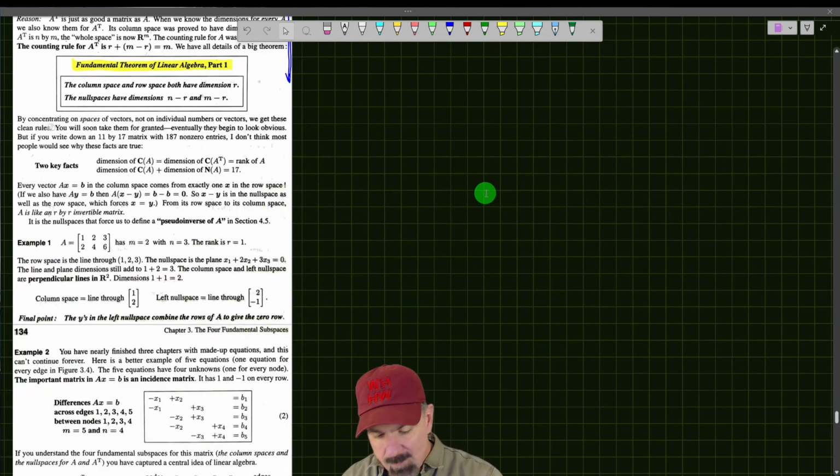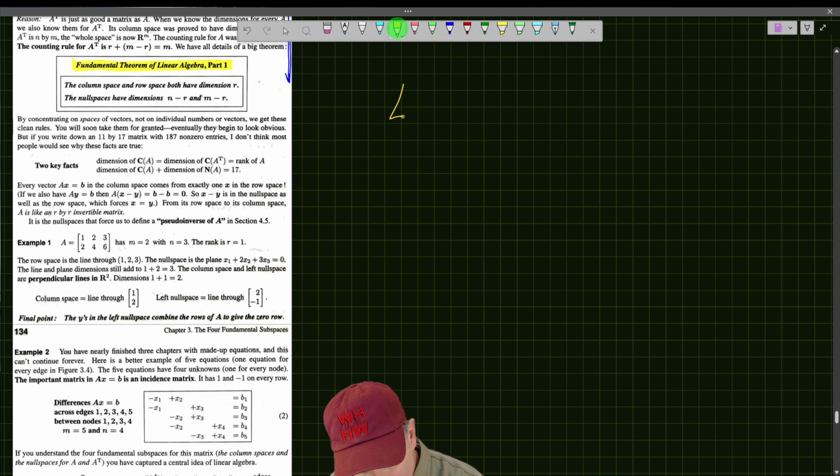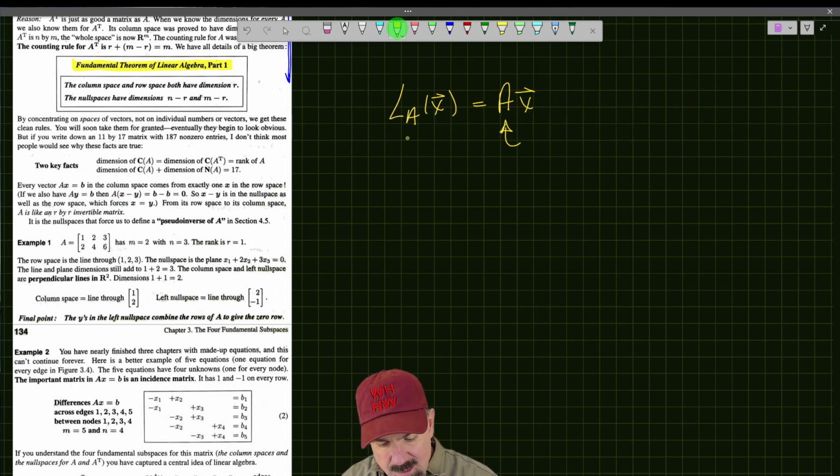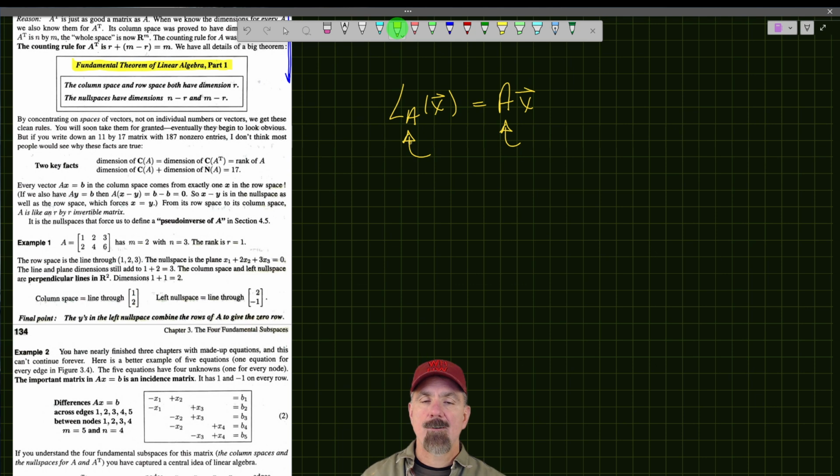This is the critically important piece of why we talked about this. Every matrix A is associated with a linear function, a linear transformation. These two things are always connected. So if we have a linear transformation, we know we can come up with a matrix representation for it.